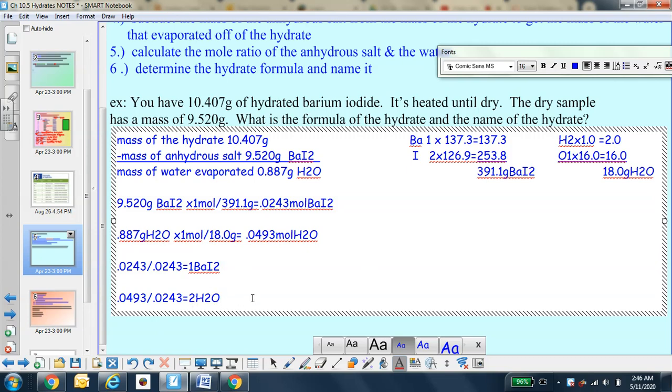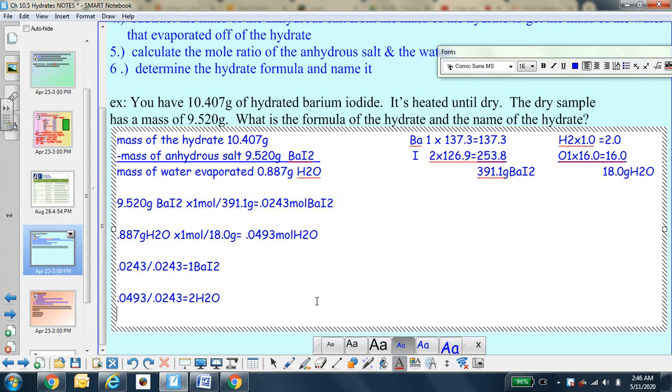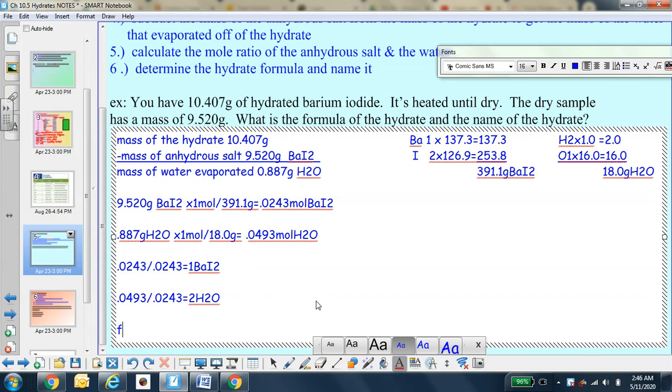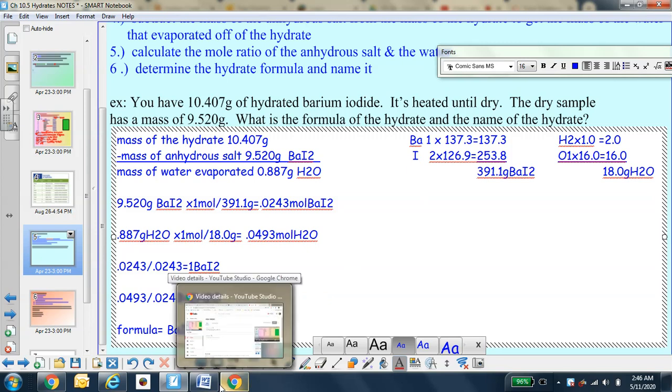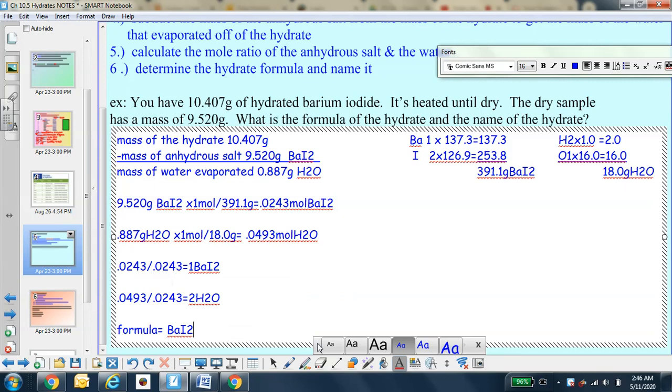So, what will be our formula? BaI2, two H2O.